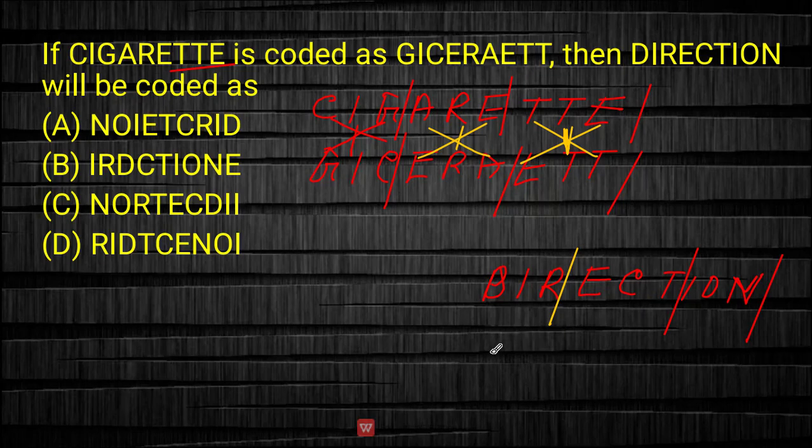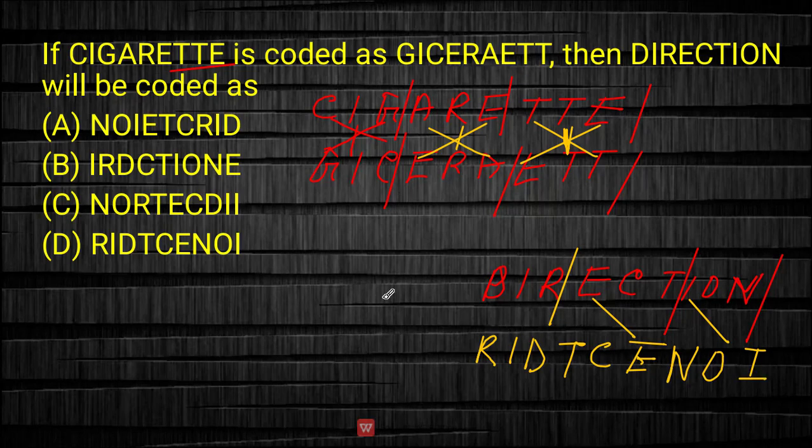So R we have to write first, then I will not change, then D, and here T, then C, E, and N should be first, N, O, then I should be last. So which one? D is the correct answer. R, I, D, T, C, E, N, O, I. So D is the correct answer.